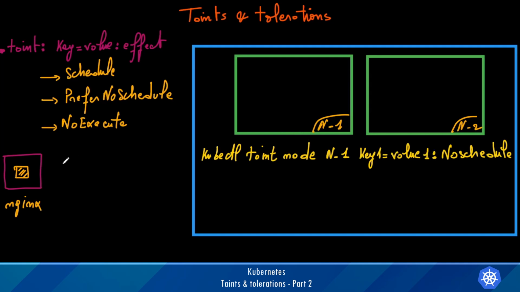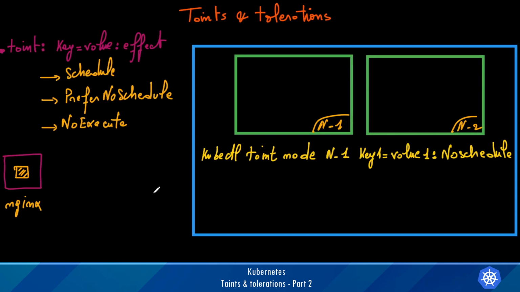If we deploy this pod to the Kubernetes cluster, the pod can be scheduled on the second worker node, but it can't be scheduled on the first worker node. Because on the second worker node we didn't have any taint, so it can be scheduled there. But on the first worker node we have a taint, so the pod should tolerate this taint.